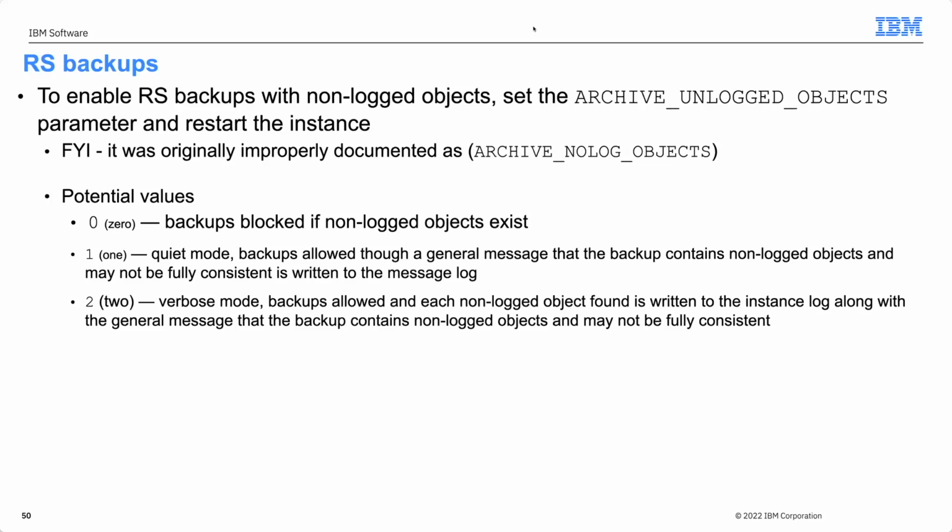There are 3 potential values for it. 0 just says, if there's anything that's unlogged, block the backup. 1 and 2 basically control how much output there is in the message file when you do your backup. 1 is what I call a concise or quiet mode, and it will simply say, I'm doing the backup, but there are unlogged objects in your source that I'm not capturing, so be careful. 2 is a little more chatty because it will say, I'm doing the backup, but by the way, I'm not backing up this raw table, I'm not backing up this non-log slob space, or other objects that it finds during the process.